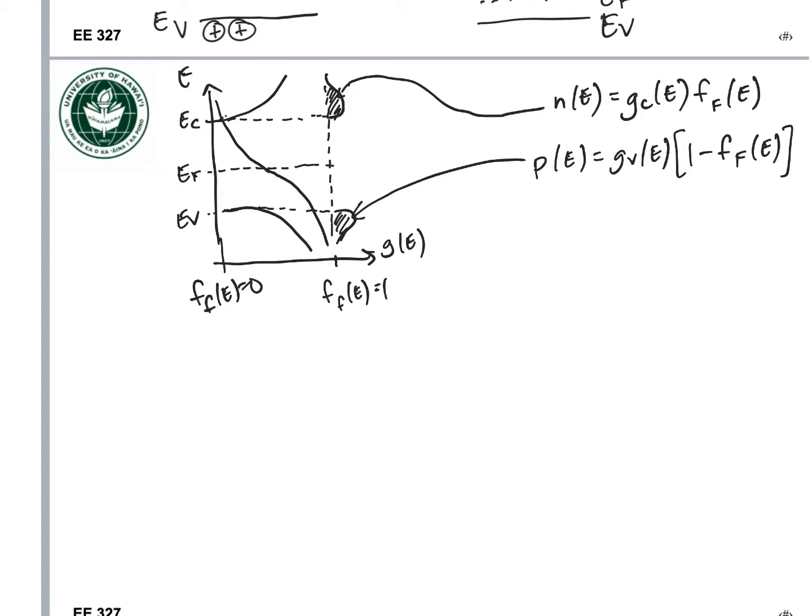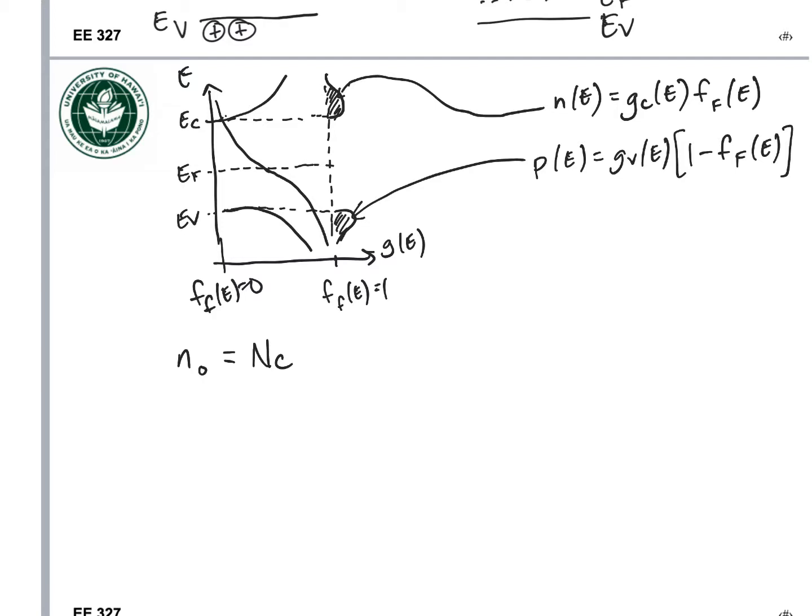Okay, so the equation for the density of states contains some stuff that is energy dependent, but it contains a lot of other stuff too. In order to make writing the equation simpler, we usually write the electron concentration as some constant.